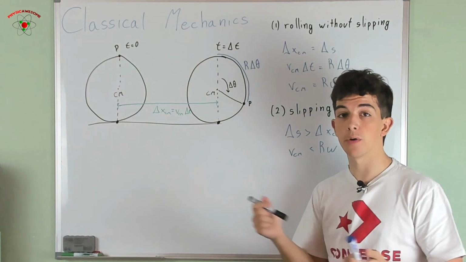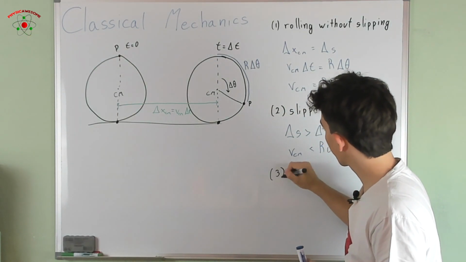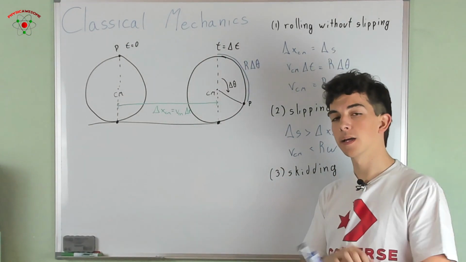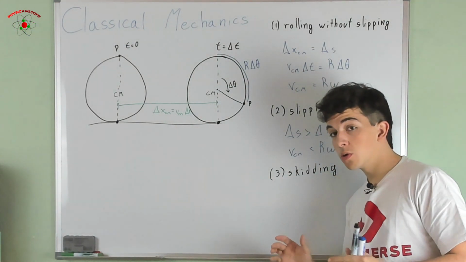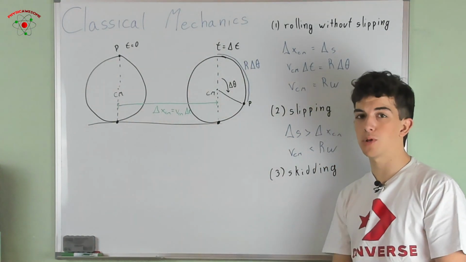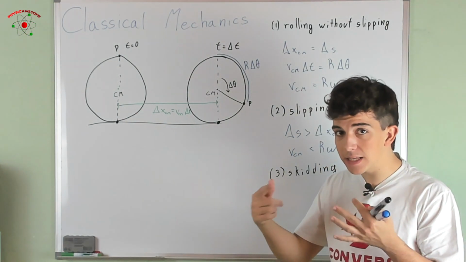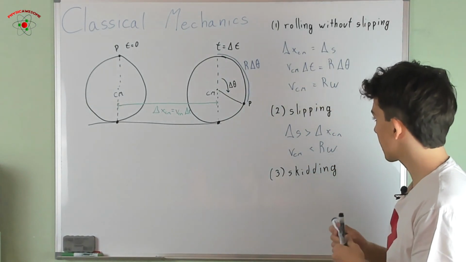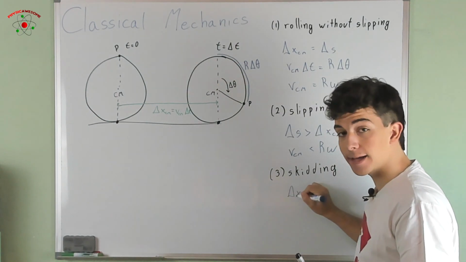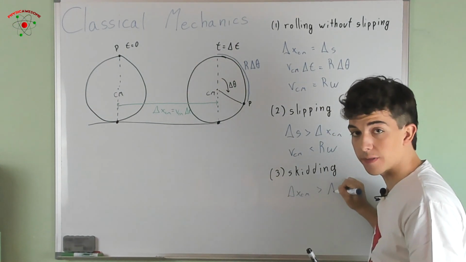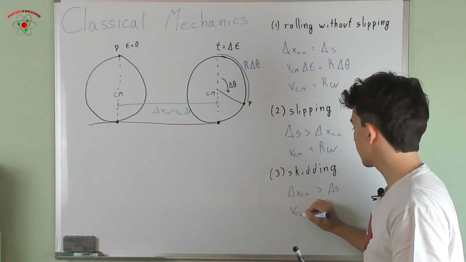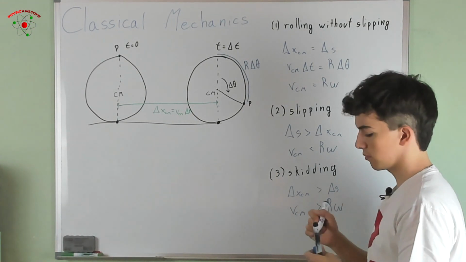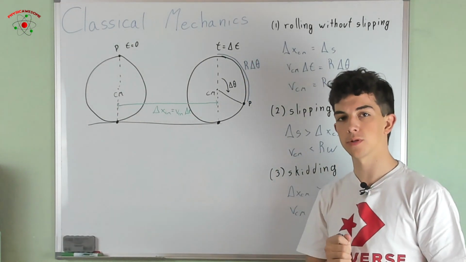And lastly, we have our third case, which is skidding, that corresponds to when you launch the ball, for example, on ice, and it's rotating a little bit, but mainly the motion is moving forward. In this case, delta x_cm is bigger than delta s, and v_cm, the velocity of the center of mass, is bigger than r omega, the instantaneous velocity at those points.